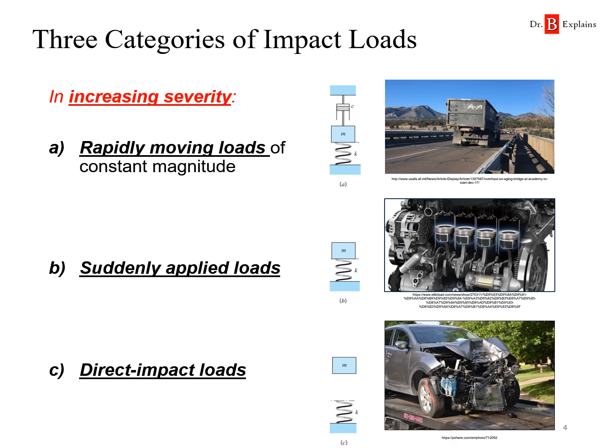That's a rapidly moving load. The load itself is being applied gradually. It's not static. The truck is not just sitting there. It's actually moving. So it causes a little of this impact load, but this is going to be the least severe.